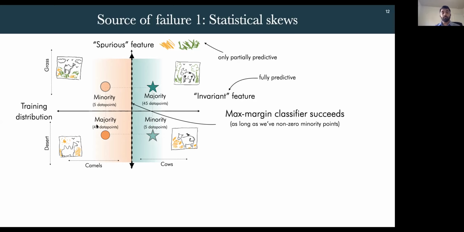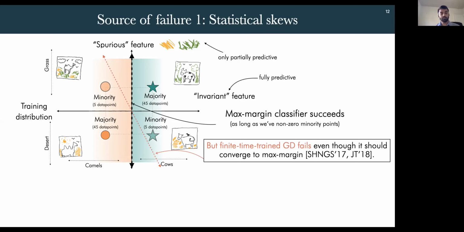But surprisingly, what happens when you train with gradient descent? When you take the linear classifier and train it using gradient descent, like I said, we know that it converges to the max margin classifier eventually when given infinite time. But what you would see in practice is that when you have a lot of spurious correlation in your data, the finite time trained gradient descent classifier still relies on the spurious feature.